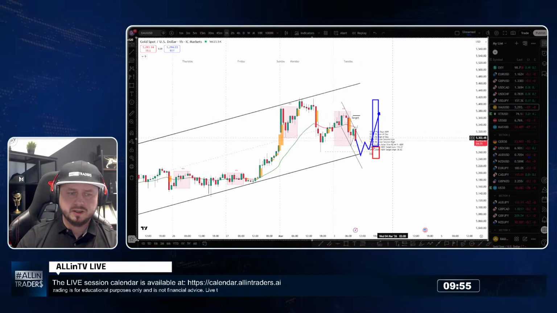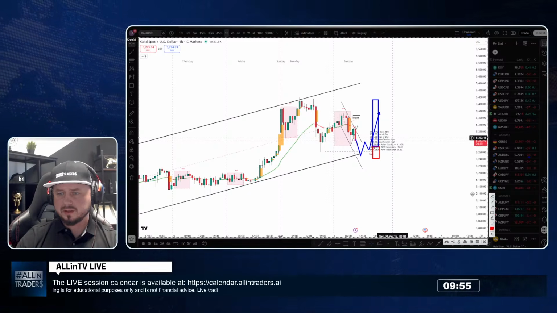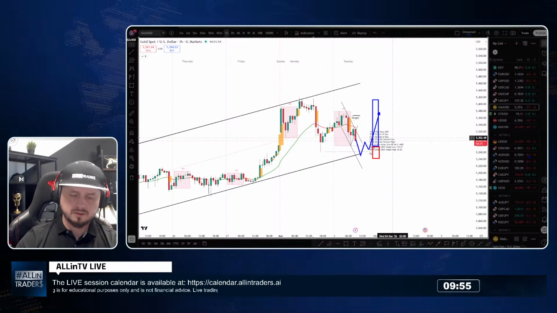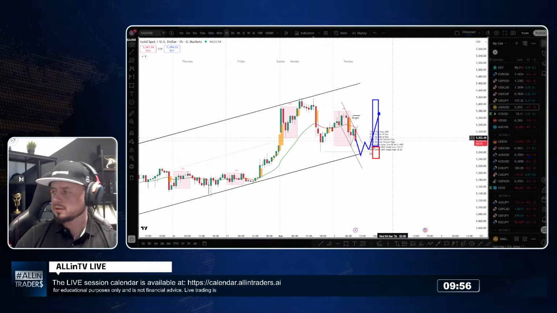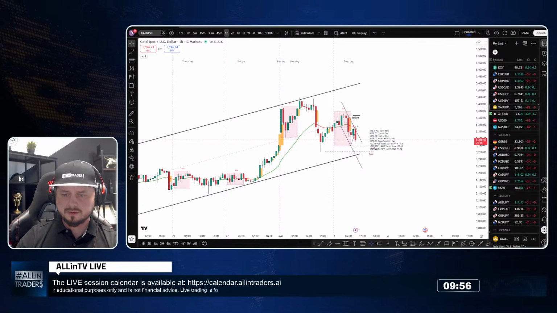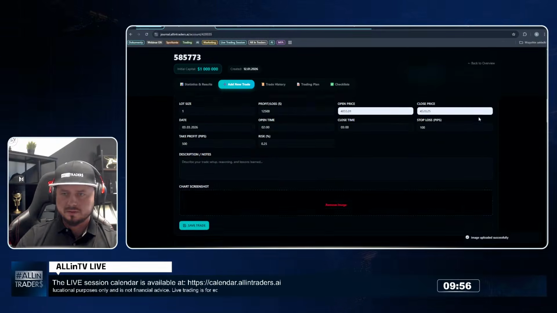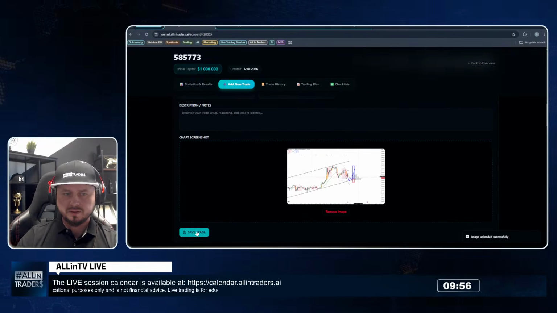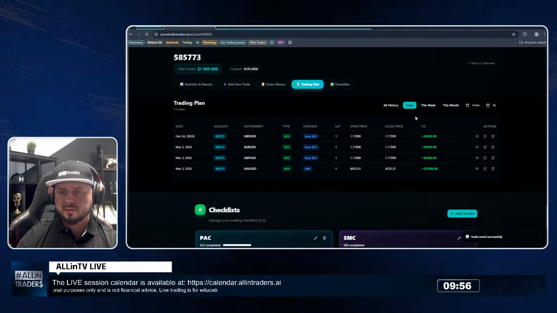We have a chance to get to the top of the rotation channel, because if we're gonna get to the bottom, we're gonna have a space. Okay. And this is the trading plan. So let's save this trade. Okay, trade is saved. We got a few different plans for today.